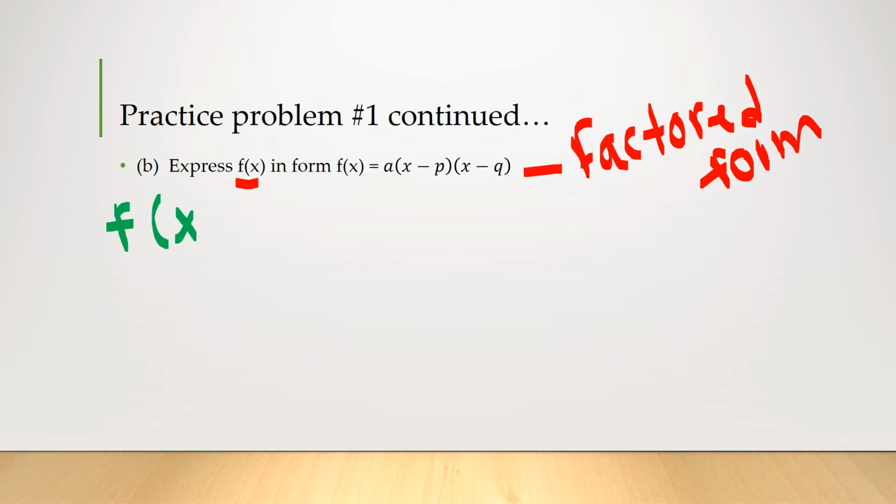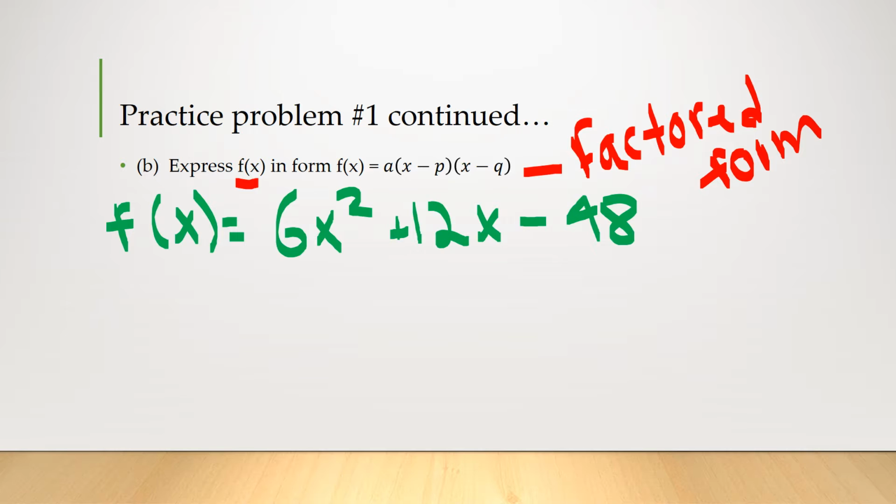Remember f of x, after we added 12x to both sides, was 6x squared plus 12x minus 48. Now they want us to factor that to make it into factored form.